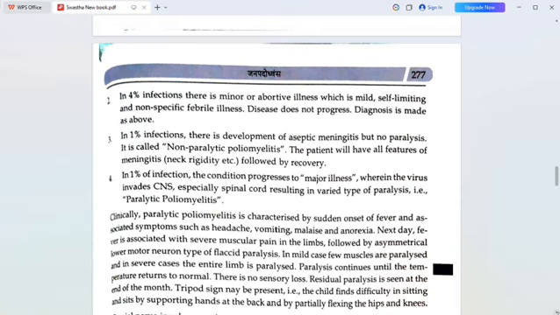Clinically, paralytic poliomyelitis is characterized by sudden onset of fever and associated symptoms such as headache, vomiting, malaise, and anorexia.